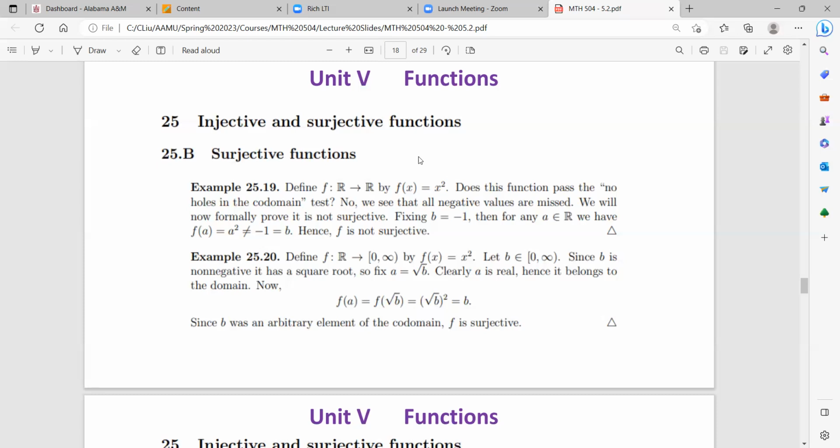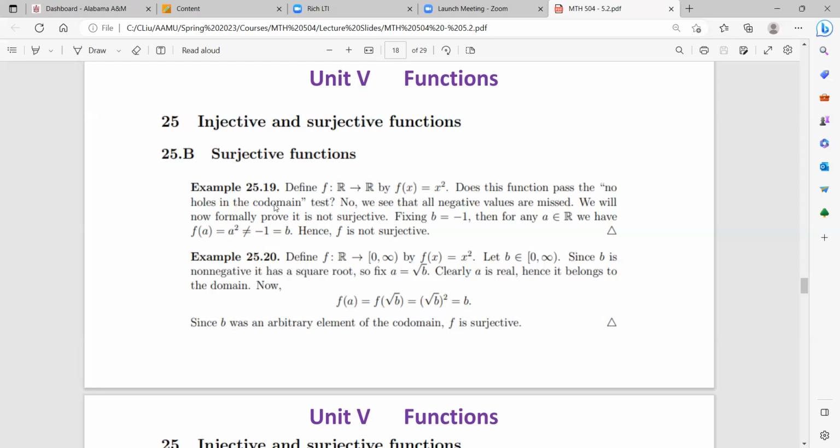The answer is no. We know this is a parabola passing through the origin, but the whole curve is in the upper half plane and the origin. So if you draw a horizontal line below the x-axis, there's no intersection between the line and the curve. So there are some holes in the codomain.